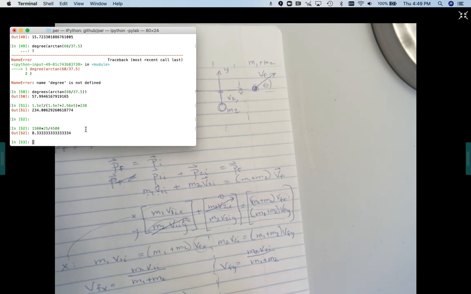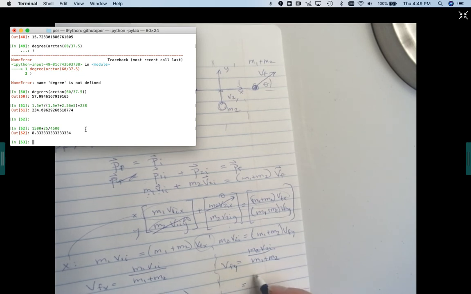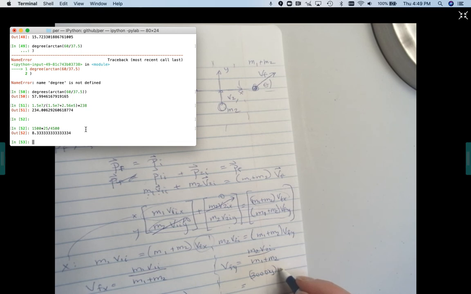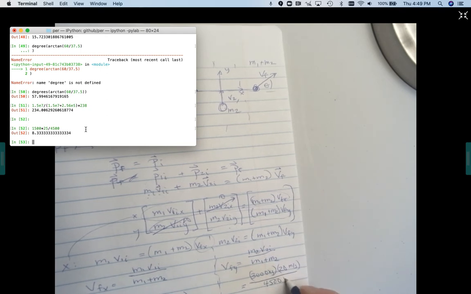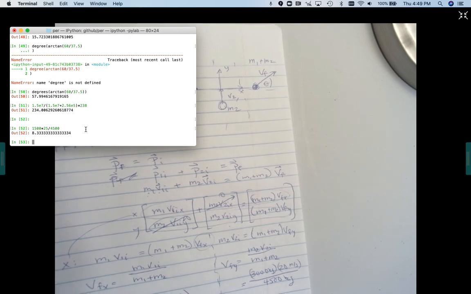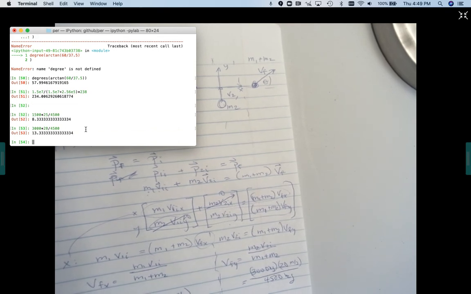And then v final y is going to be m2. So that's 3,000 kilograms. v2 initial is 20 meters per second. And then again, we divide by the total mass, 4,500 kilograms. So we will do 3,000 times 20 divided by 4,500.